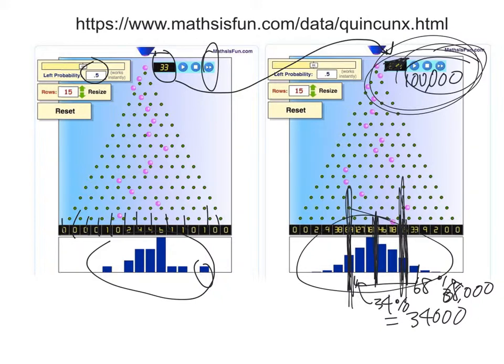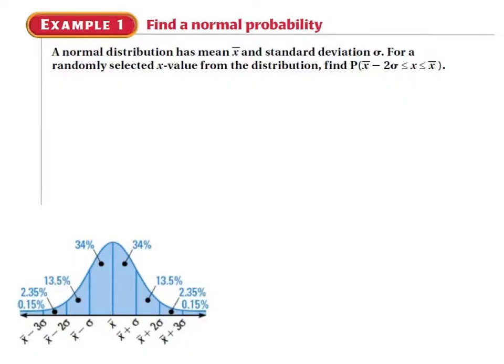So let's look at an actual example from the guided practice. In example 1, we are given a normal distribution with the mean x and the standard deviation. The question asks, what if we randomly select an x value from the distribution? What is the probability that the x that we are looking for is higher than 2 deviations below and lower than the average? That means we want to know the chance that our x is higher than this point and lower than this point. So the math part is really simple.